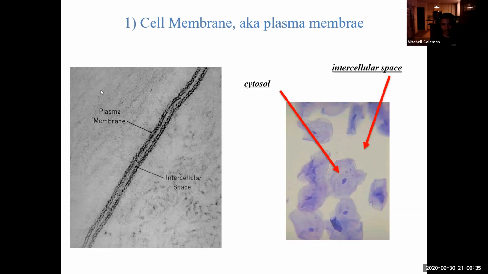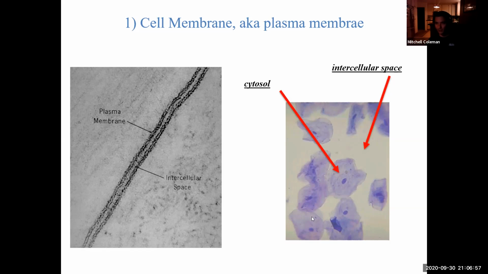So intercellular space between cells and the cytosol or the cytoplasm, that's another interchangeable term. We're looking at that on the right side right here. So it's separated by this organelle called the cell membrane or plasma membrane. Okay, and this is an actual colored picture.